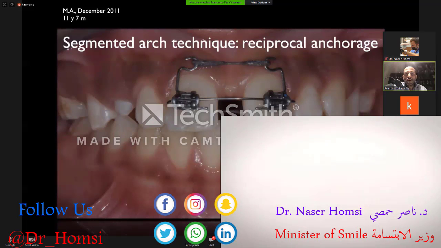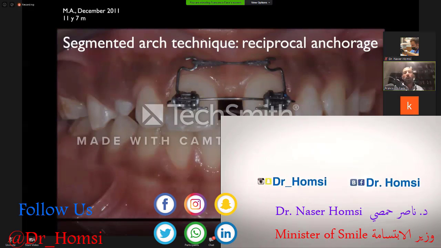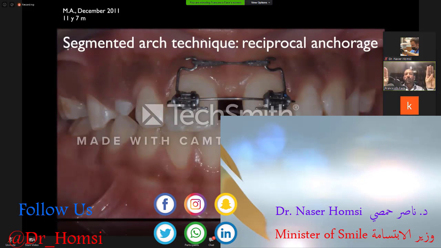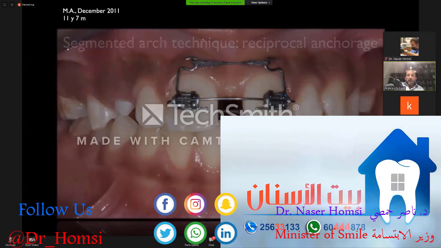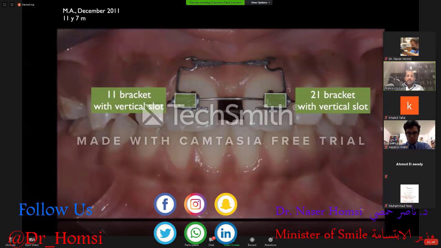We decided to use a basic segmentary technique with a reciprocal anchorage, meaning that both the incisors go together, going to close the diastema. I would like to show you the appliance, very easy.